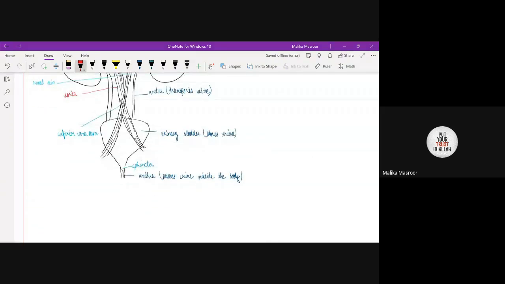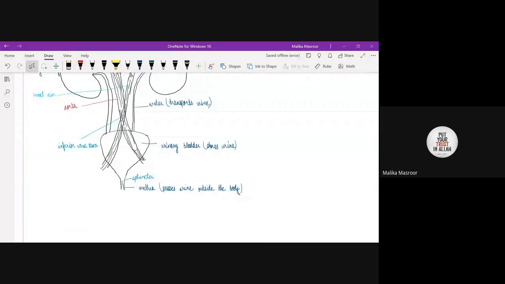This is the sphincter muscle, and this is the urethra that passes the urine outside the body. This is where urine is stored, and when this sphincter relaxes, urine flows out of the body through the urethra. Clear? Any questions? Simple, straightforward stuff.